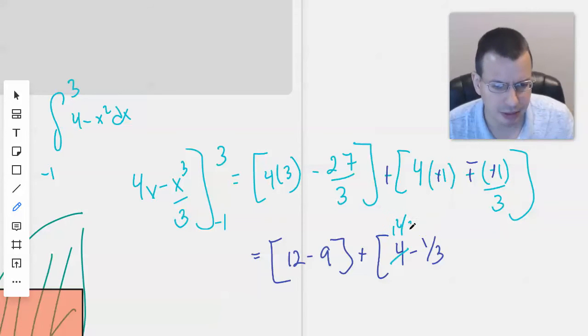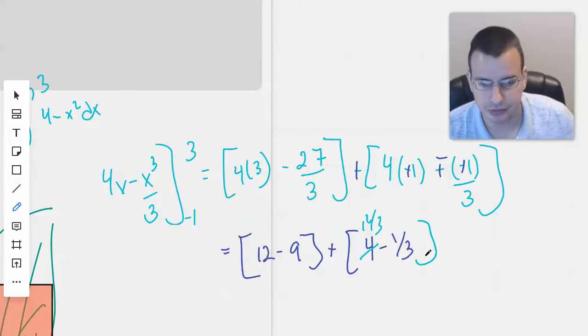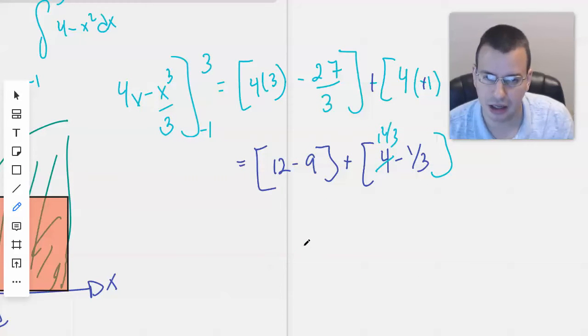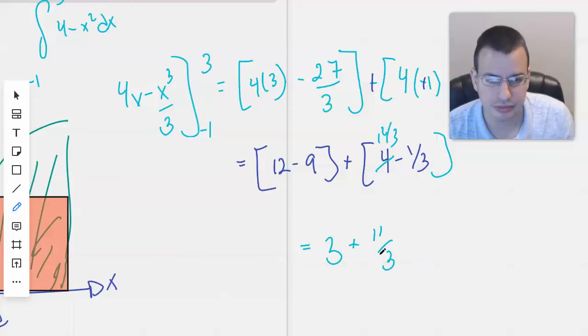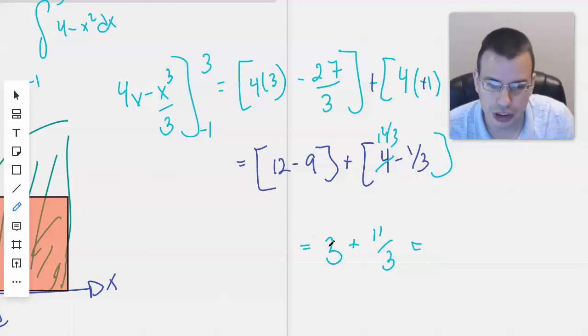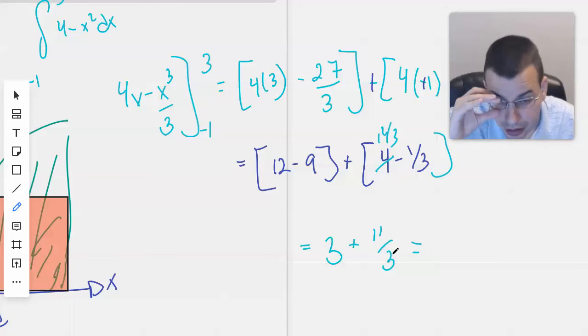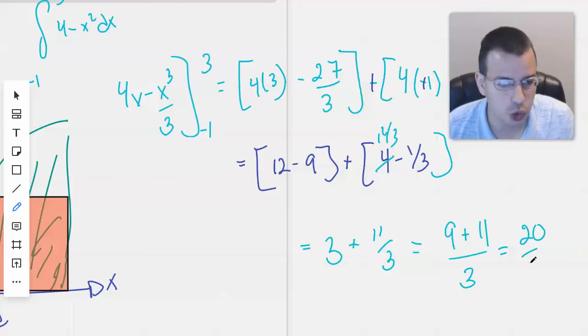Multiply top and bottom by 3. That'll make it easier. Simplify again. We have 3 plus 11 thirds, which then gives us 3 times 3 is 9, plus 11 over 3 gives us 20 thirds.